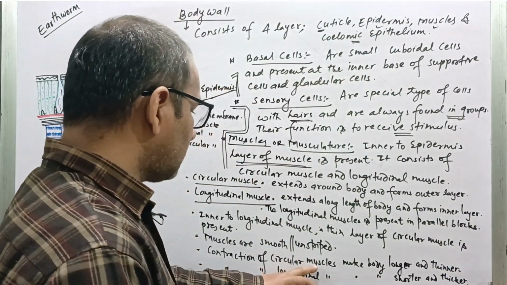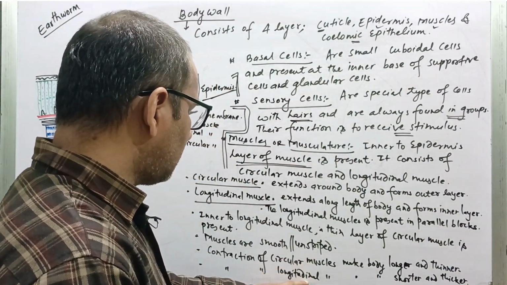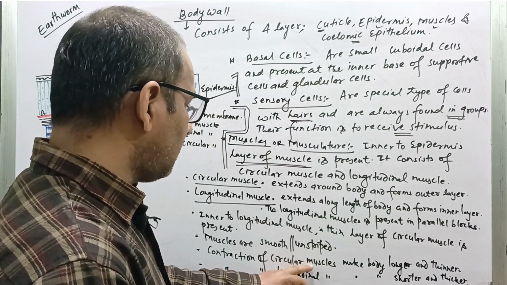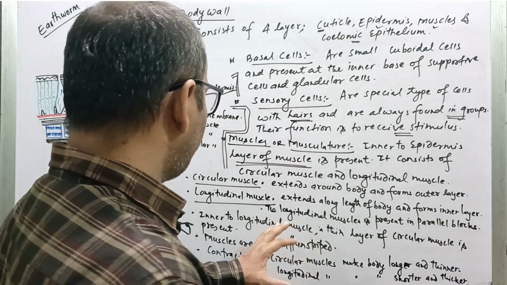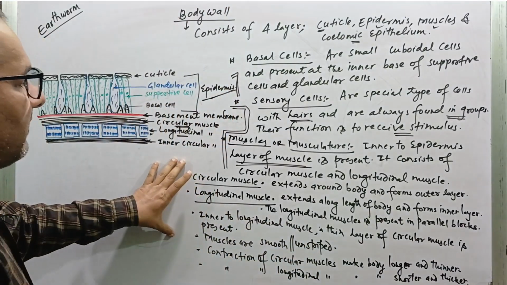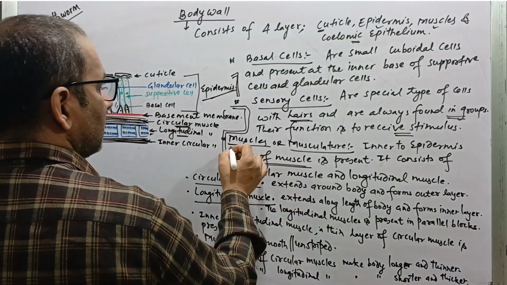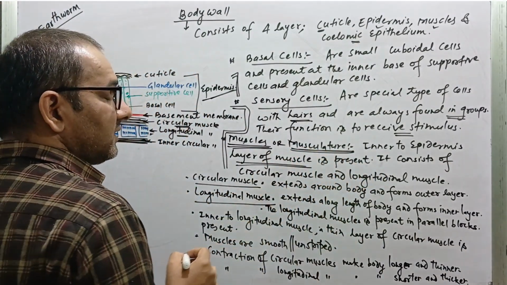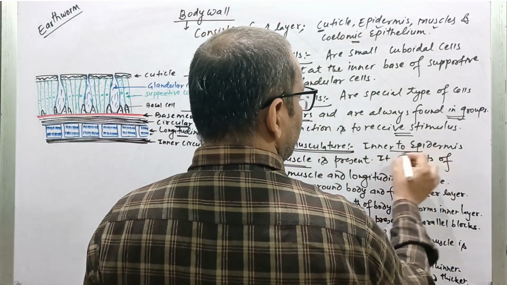When the circular muscle contracts, the longitudinal muscle relaxes, and when the longitudinal muscle contracts, the circular muscle relaxes. Okay, let's revise once about the muscles. The muscles, also called the musculature, lie inner to the epidermis.